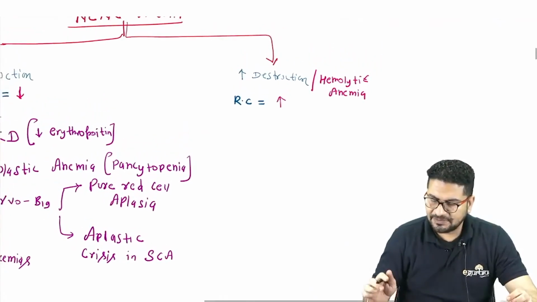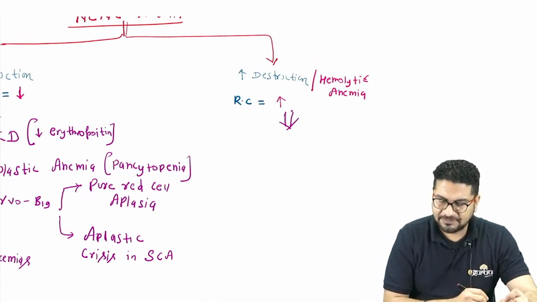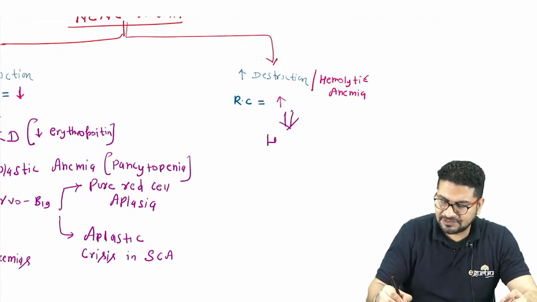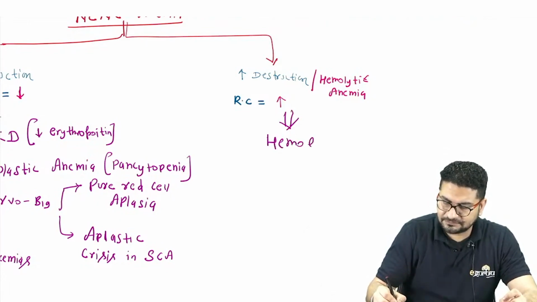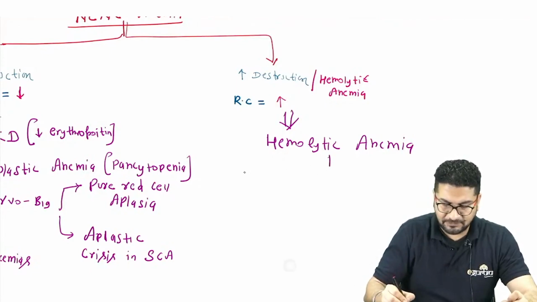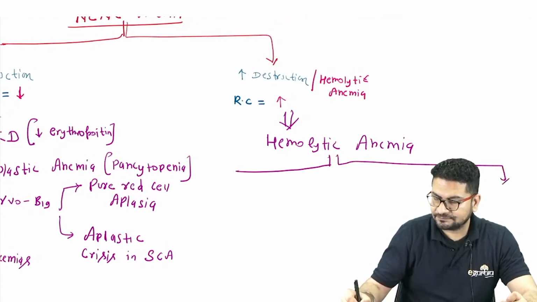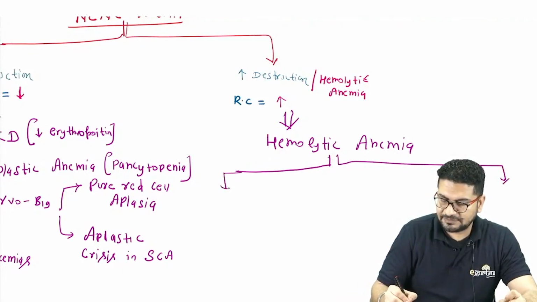If I say anemia due to increased destruction, I told you this anemia is called hemolytic anemia. Any doubt, guys? What we call hemolytic anemia? Hemolytic anemia means RBCs are dying.